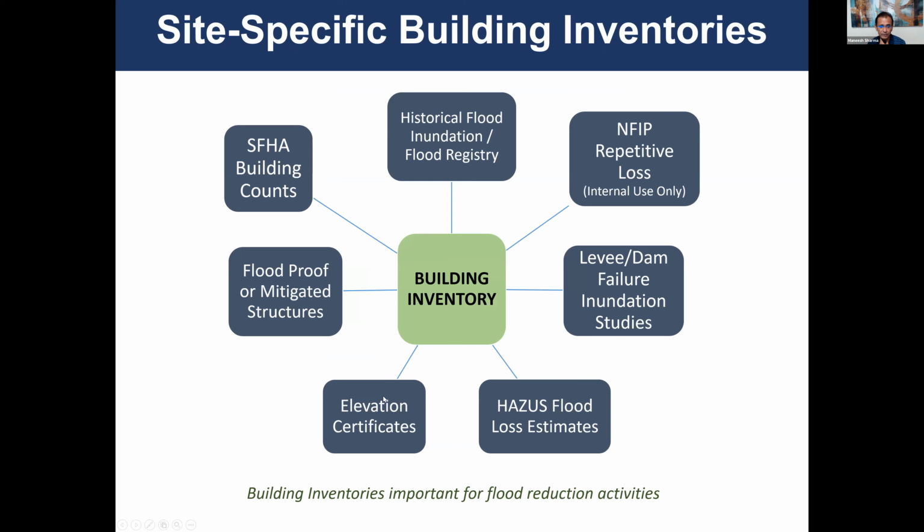For elevation certificates, we need the correct location of the buildings. For repetitive loss, we got the data set, and almost half of it is not at the correct location. And for anything we do, like mitigated structures, we want to know the correct location. So building inventory became the primary thing needed to do anything.